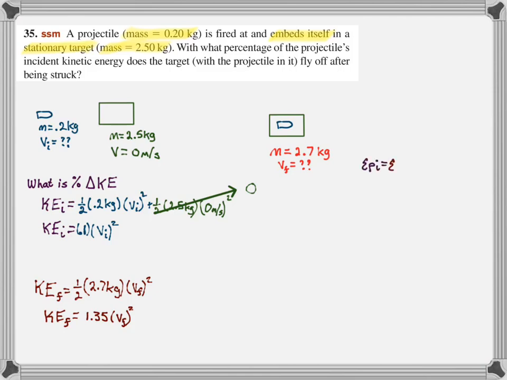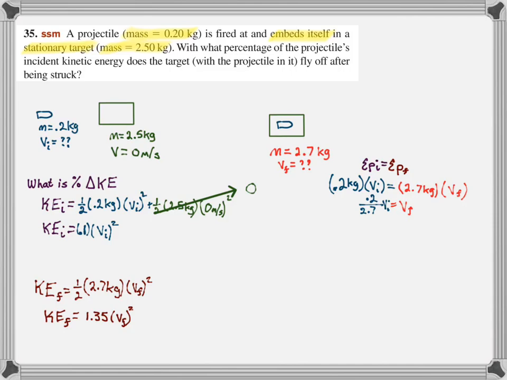We can use our conservation of momentum equation to compare our total initial momentum to our total final momentum. Then we find out that the final velocity is 0.2 over 2.7 times the initial velocity. So the final velocity is going to be much less than the initial velocity.